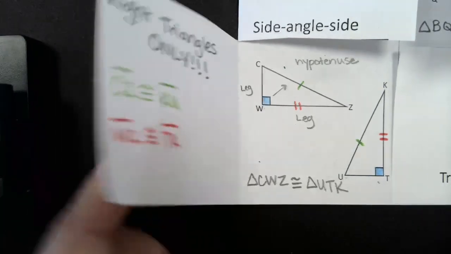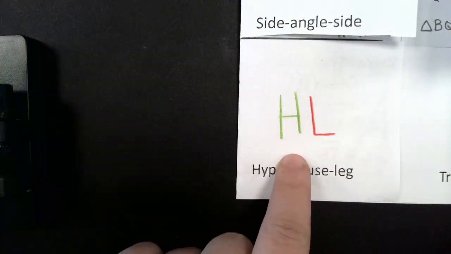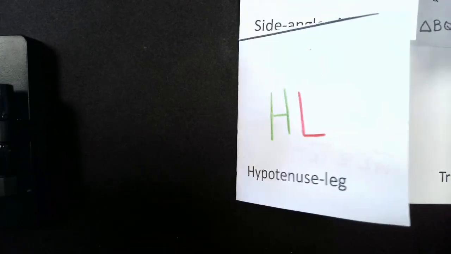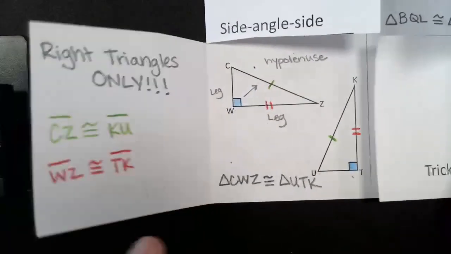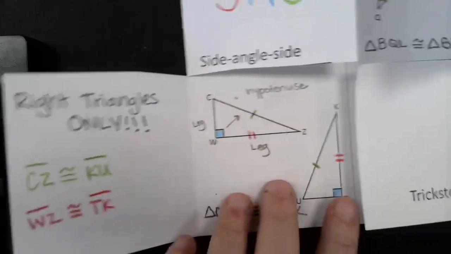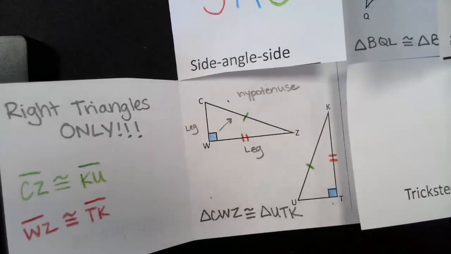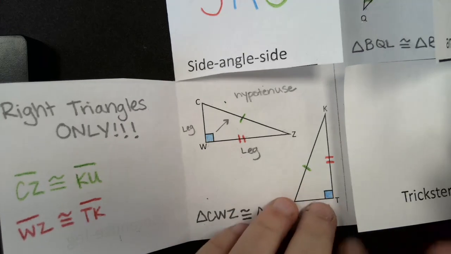All right, last one is tricksters. The tricksters are ones that when we look at the picture, we're like, oh, that should work. But the answer is no. It is not a theorem. And our brain is like, but we can do it with letters. And so far, we've done things with letters. And we're like, no, doesn't work. So tricksters are things that do not work.